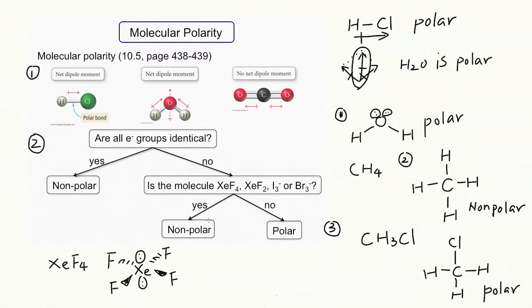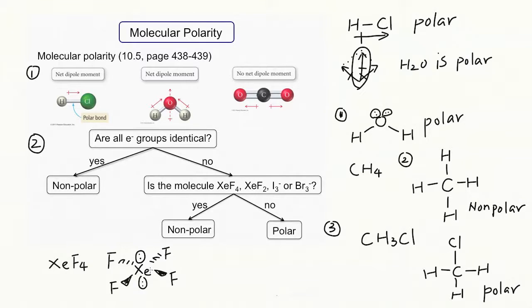But how do we know it's nonpolar? For these 4 molecules, the way to find out whether it's polar or nonpolar is to use vector addition. Because of the symmetry of this molecule, the xenon-fluorine bonds are opposite to each other, and the other xenon-fluorine bonds are opposite to each other, and the 2 lone pairs are opposite to each other.